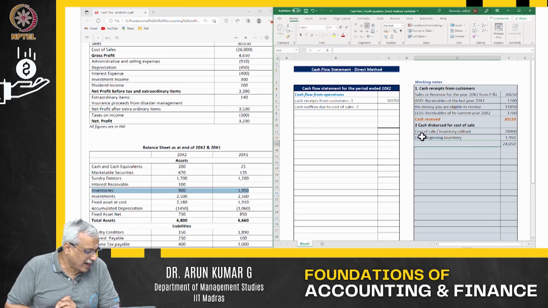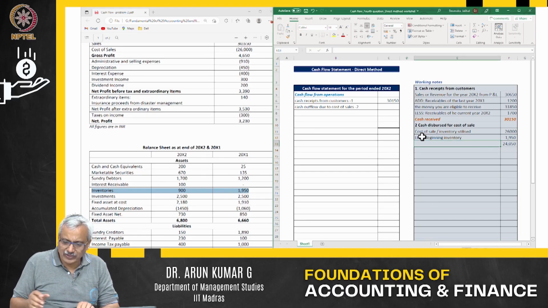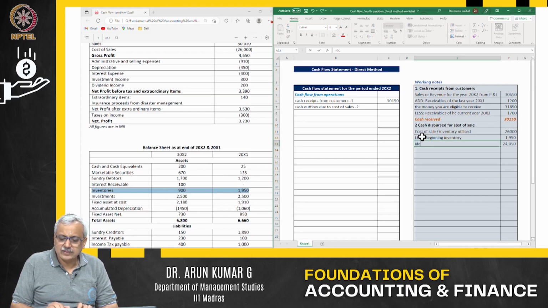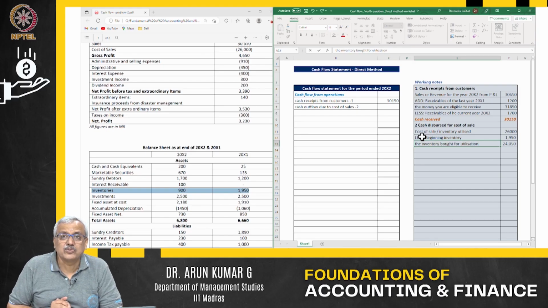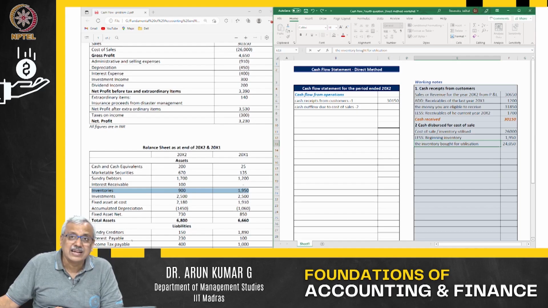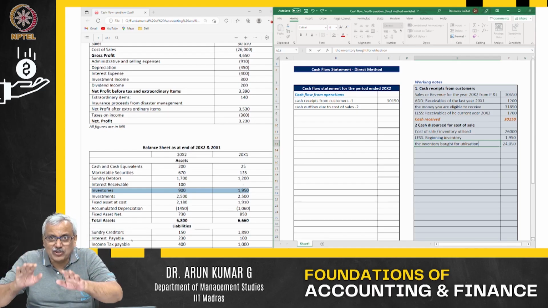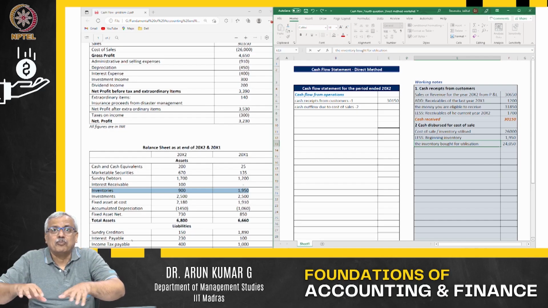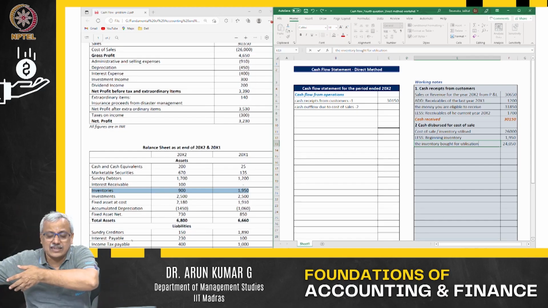The inventory I would have ideally bought for utilization is 24,050. But I have not bought only this 24,050 worth of inventory, because there is a closing inventory also, as you can see in the problem, 900. So, I have bought this 24,050 plus an additional 900 worth of inventory.